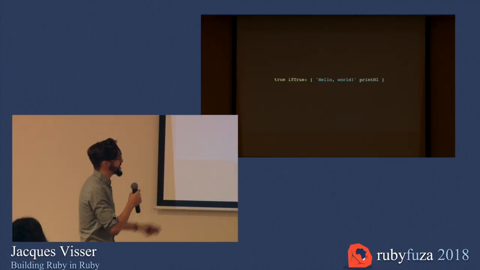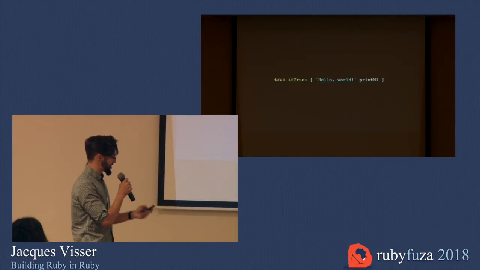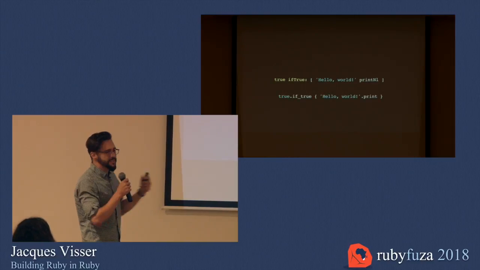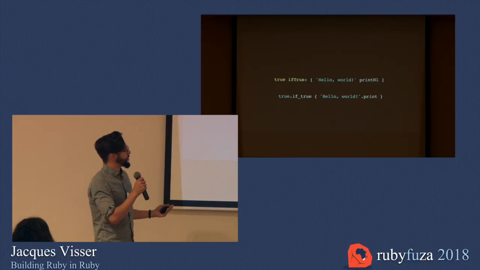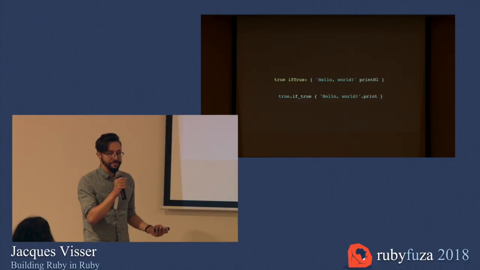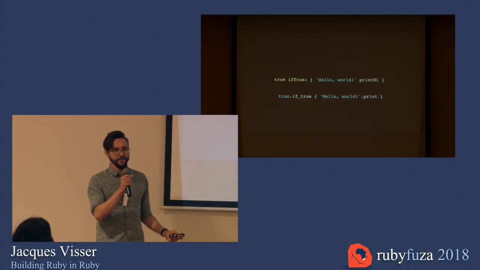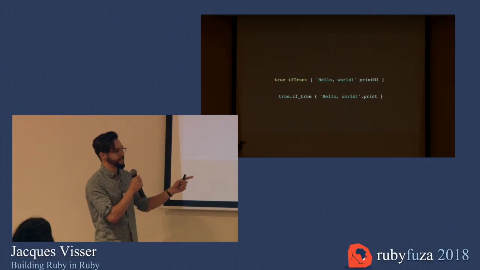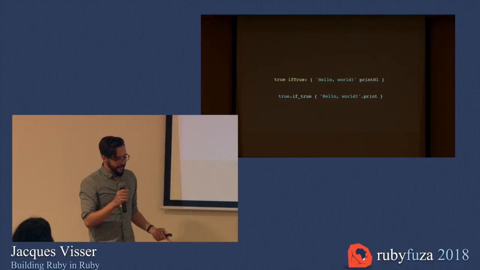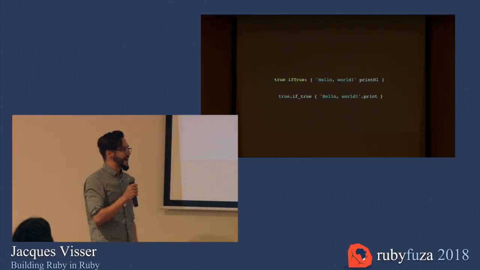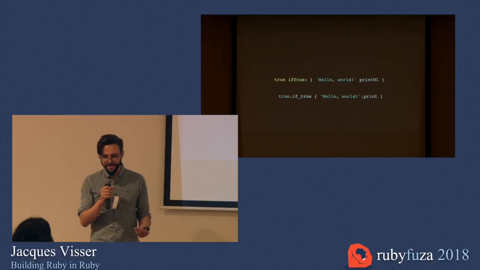It reads nicely, and it gives you an idea of the identity of things. This is a transliteration of this line of code into Ruby, which you obviously can't do. True doesn't have an if-true method, and string doesn't have a print method. A lot of smart people have spoken about how you'd implement this in Ruby.